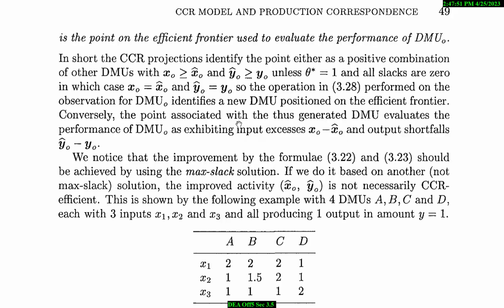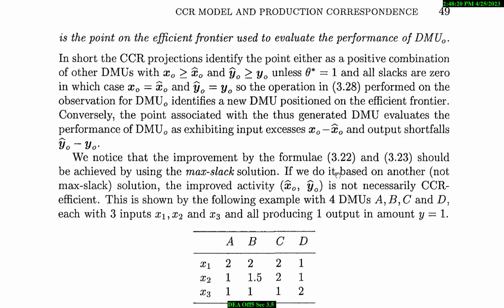Indeed, by reducing the inputs and increasing the outputs, we can go from DMUO to a point on the efficient frontier. Note that this improvement should be achieved by using the max slack solution.